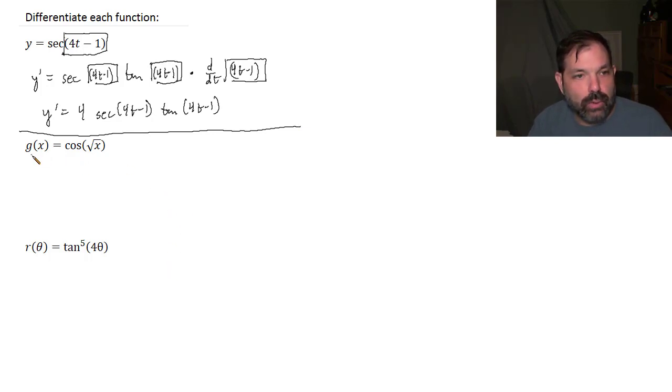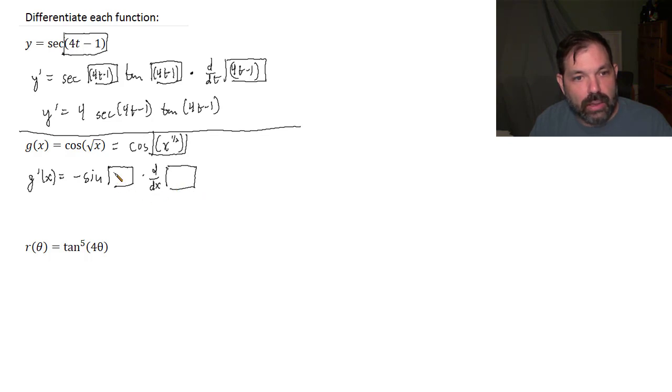All right, here we're asked to differentiate g of x as the cosine of the square root of x. So that's the cosine of x to the 1/2 power. I'm going to think of that x to the 1/2 power as what's in the box for this expression. Then g prime of x would be negative sine of whatever's in the box times the derivative with respect to x of whatever's in the box.